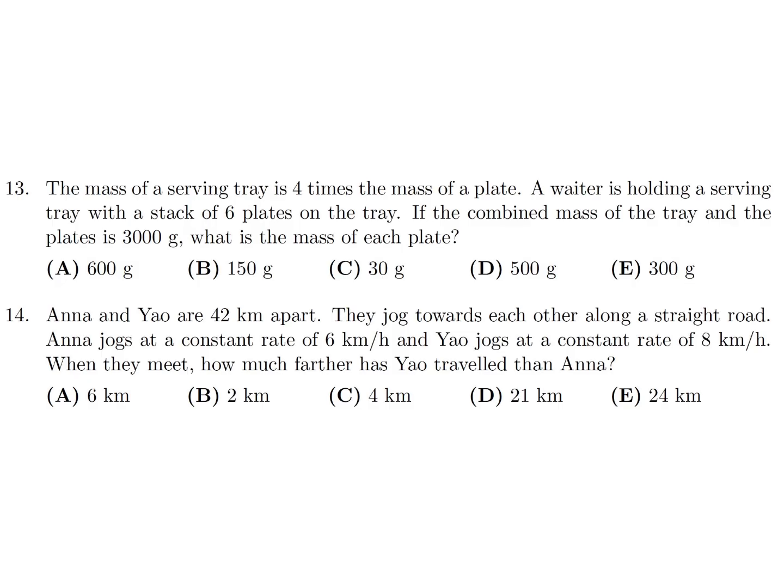The mass of a serving tray is 4 times the mass of a plate. A waiter is holding a serving tray with a stack of 6 plates on the tray. If the combined mass of the tray and the plates is 3,000 grams, what is the mass of each plate? So T, if that's tray, is equal to 4P. And therefore T plus 6P, just basically going by what the question is telling me, is 3,000.